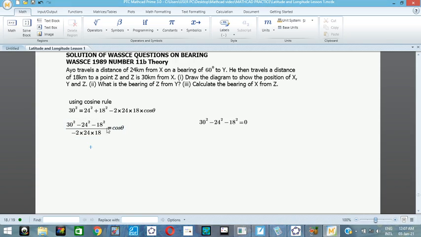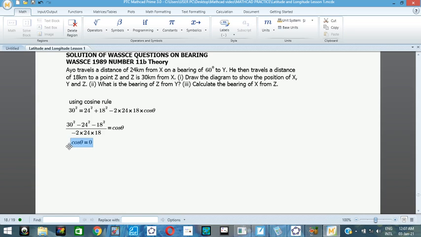Now we have proved that the numerator is 0, and 0 divided by any number is 0. So that means cos theta is going to be equal to 0.